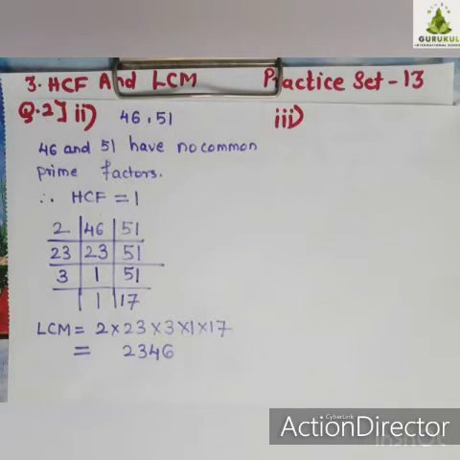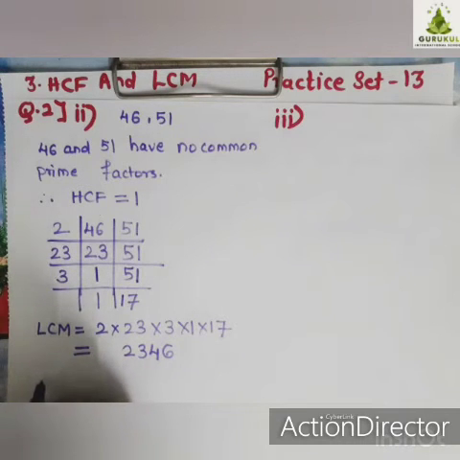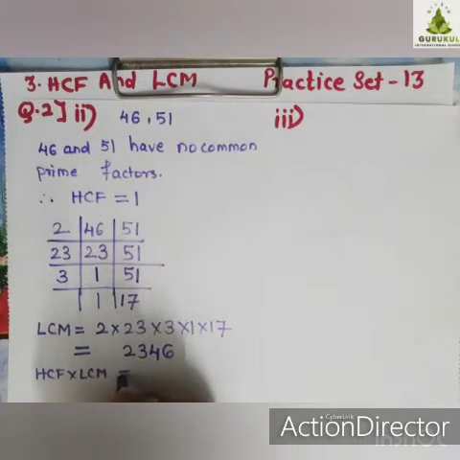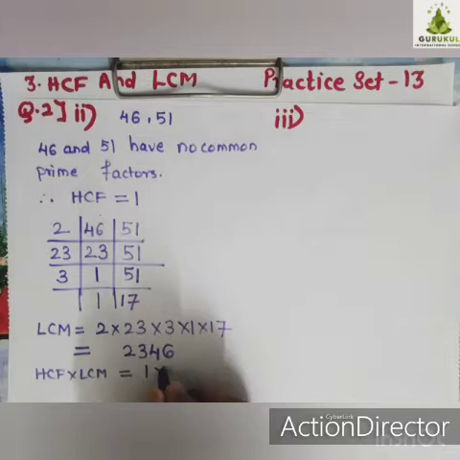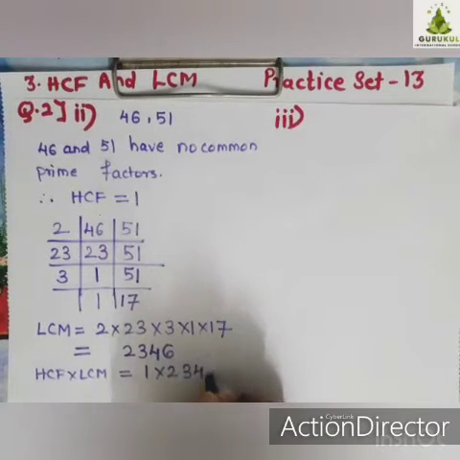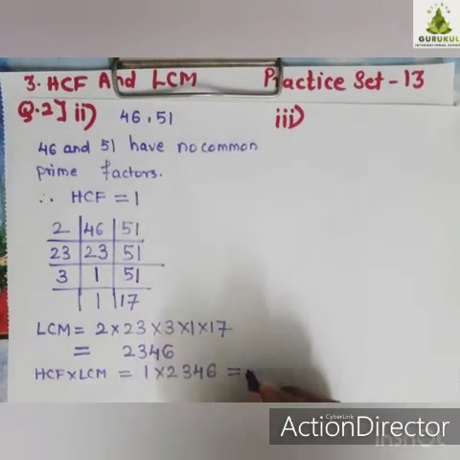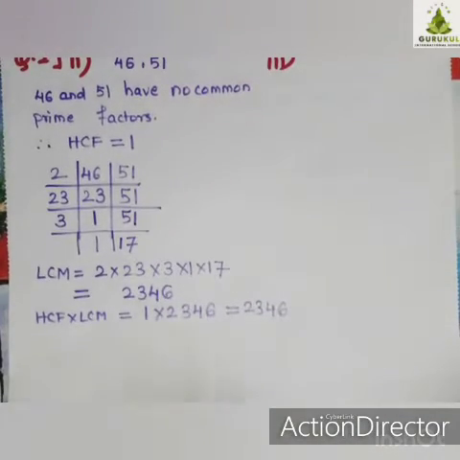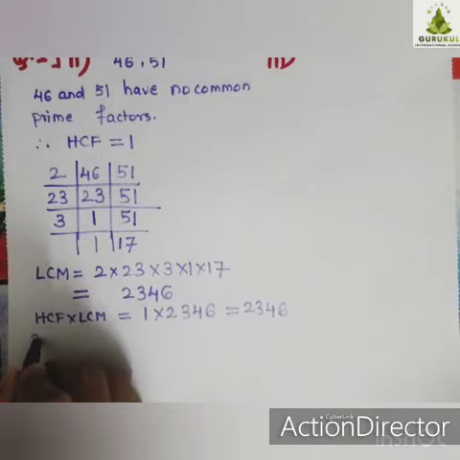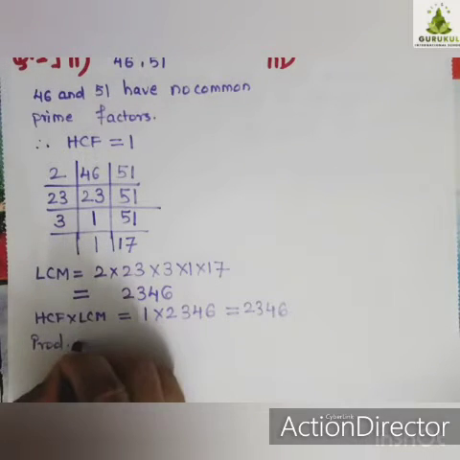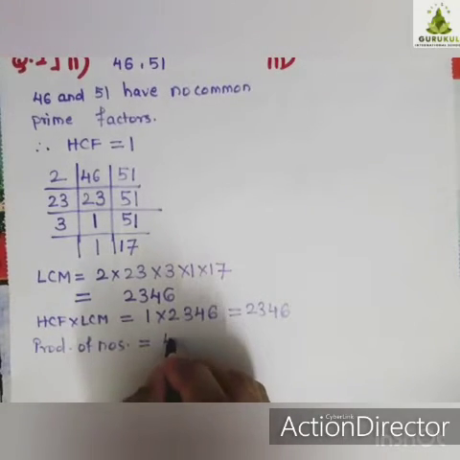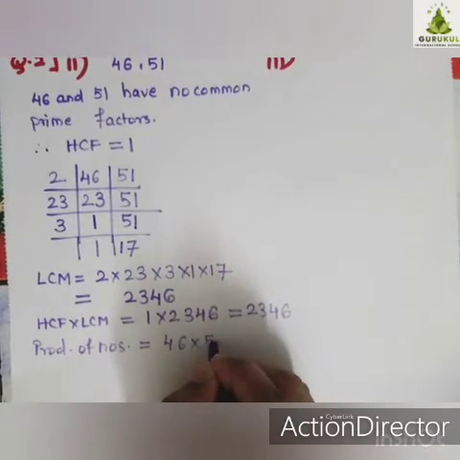Now we have to find out the product of HCF and LCM. That is HCF into LCM is equal to 1 into 2346. That is same, it will be 2346. Now product of two numbers. Which are the two numbers? Product of numbers is equal to 46 into 51.